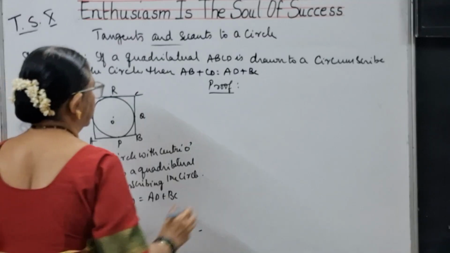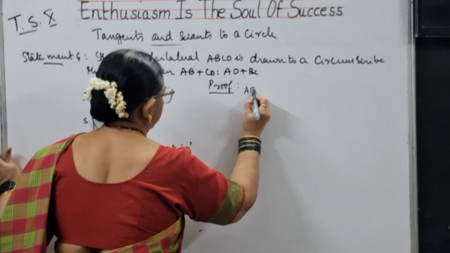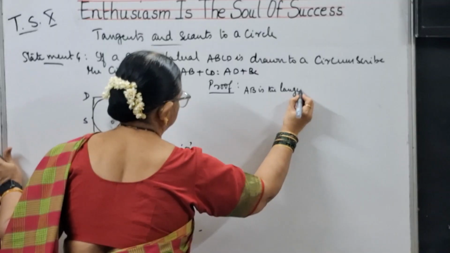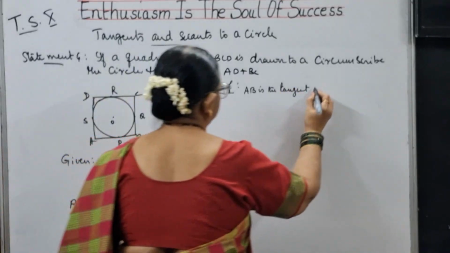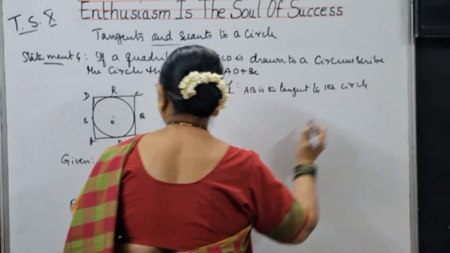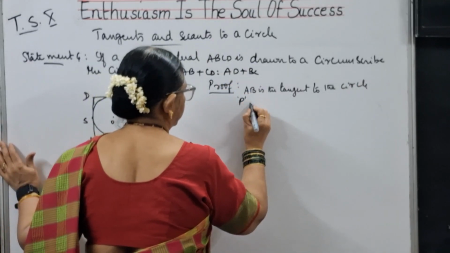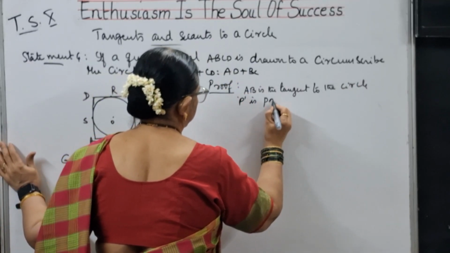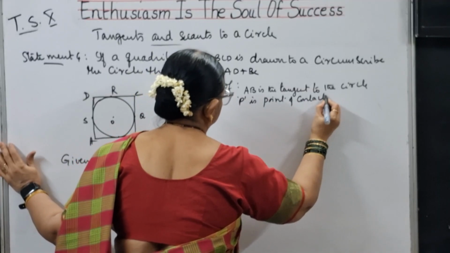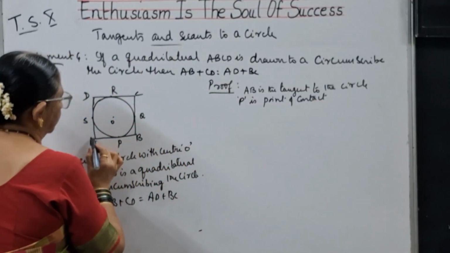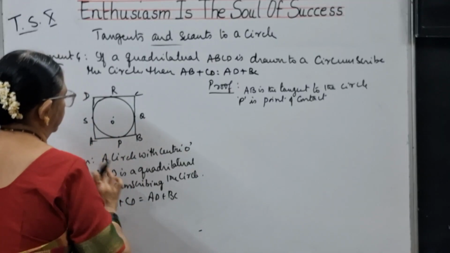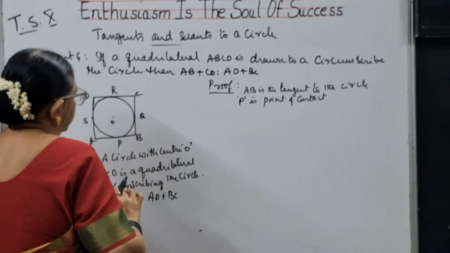Proof: we can say that AB is the tangent to the circle, and P is the point of contact.